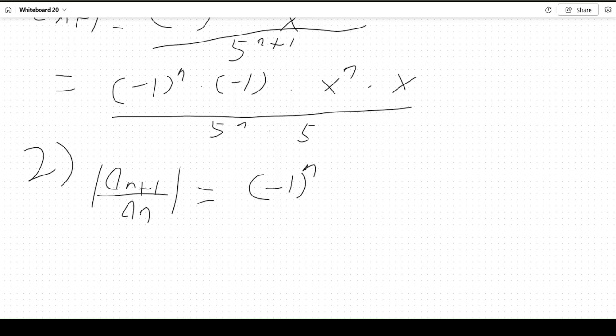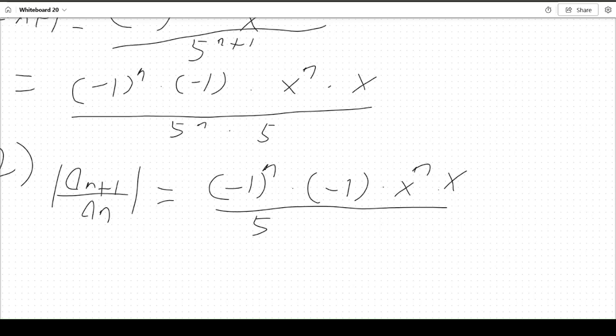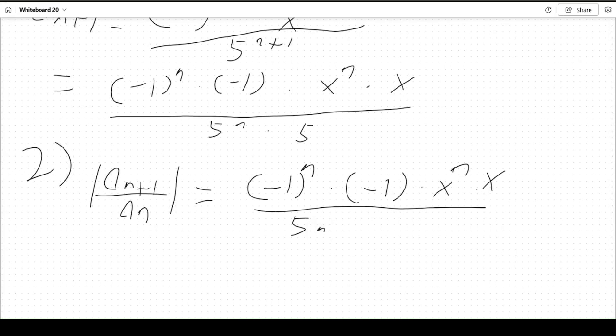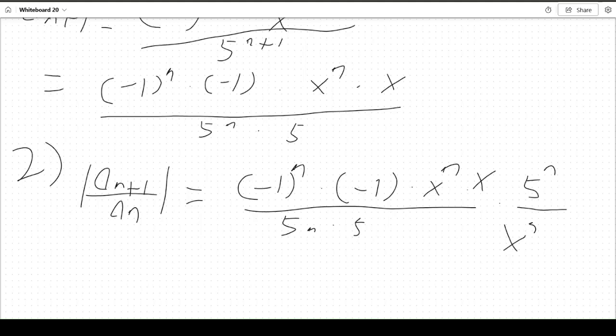So we have negative 1 to the power of n.